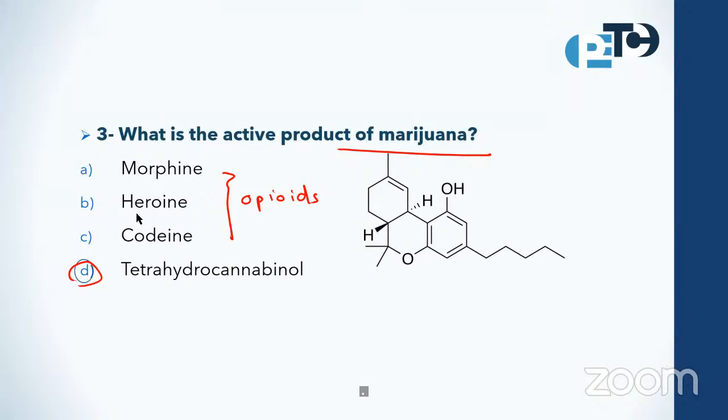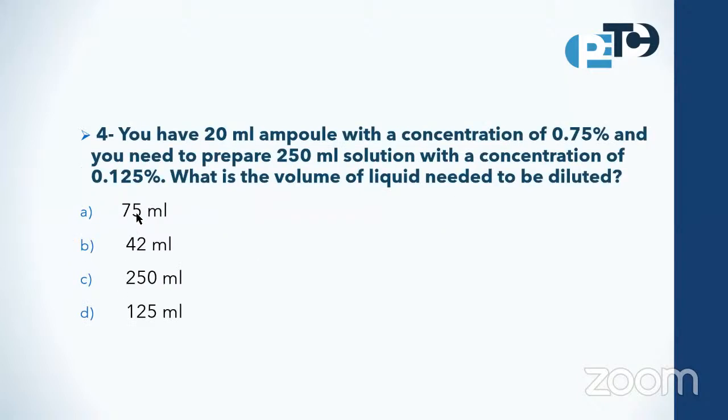Let us see the next one, about a calculation. This one is related to dilution. Let us see how we can solve a question like this. Here we have an ampoule, its volume is 20 milliliters, with a concentration of 0.75%.